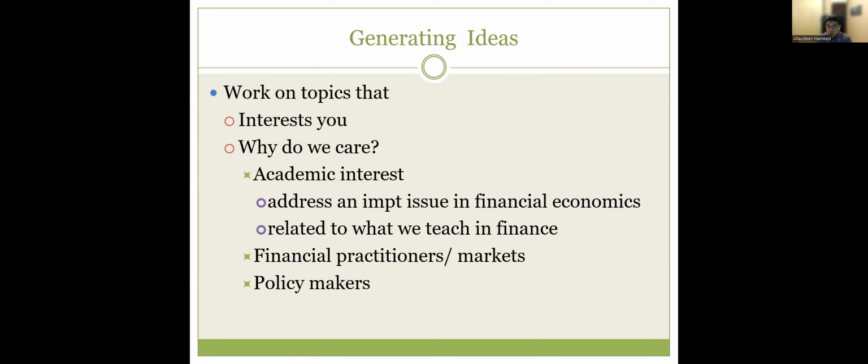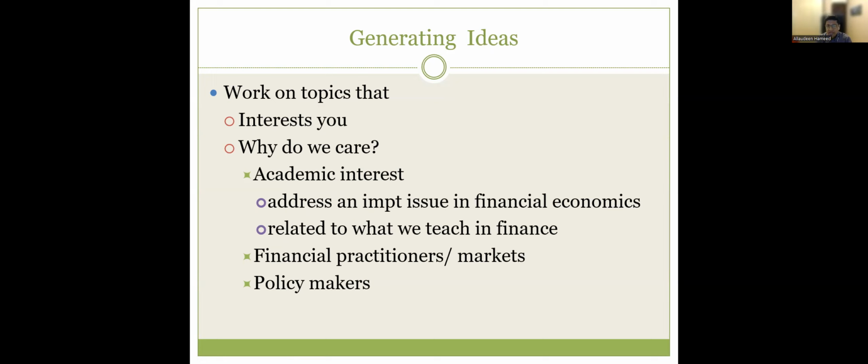It could be related to what we teach in finance, right? So either in our graduate class or undergraduate class, some basic concepts sometimes lead you to think about, is this a reasonable assumption that we make when we teach the students?